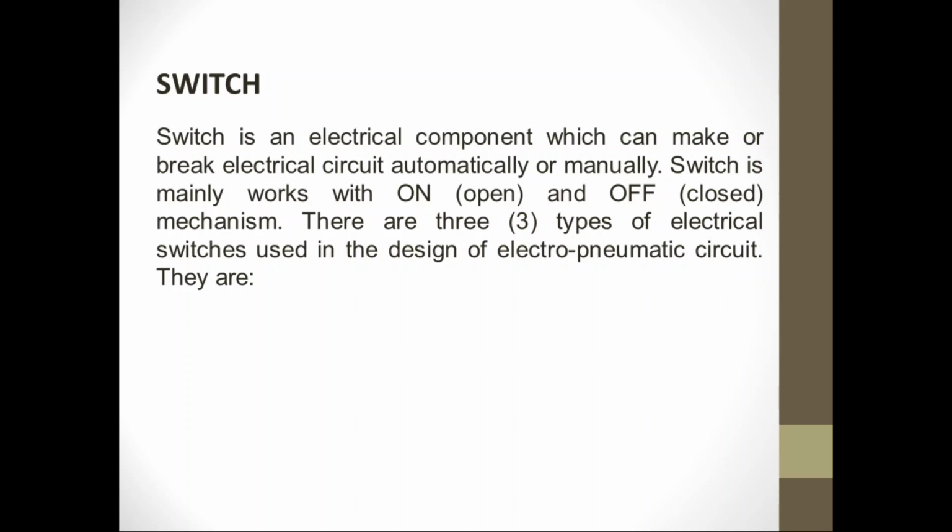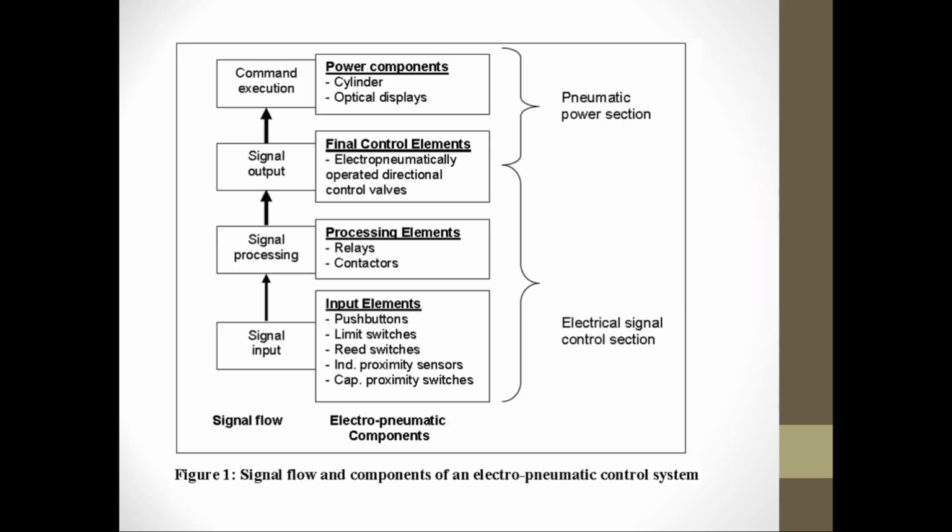As mentioned, the flow in an electro-pneumatic system starts with what we call the signal input. The signal input is given by the input elements, which are what we call switches.